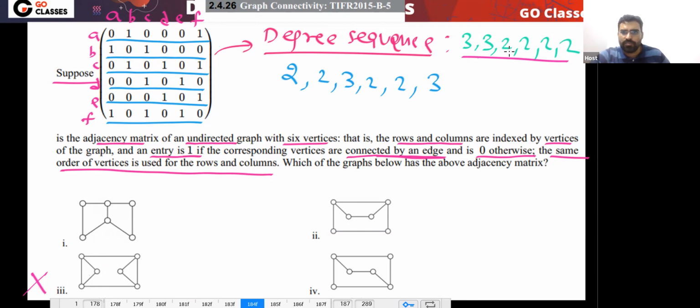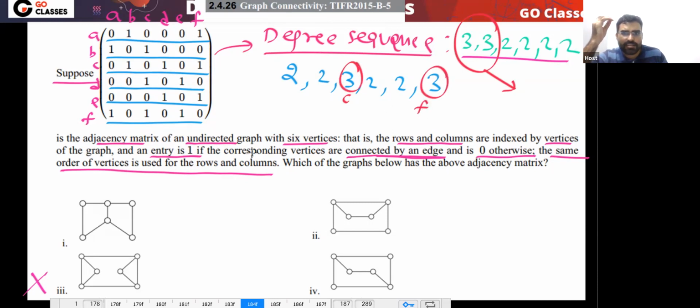Let's see what else I can do. Now notice the degree 3 vertices, are they adjacent? Just check it out. Like this vertex C is a degree 3 vertex, and this is a degree 3 vertex.